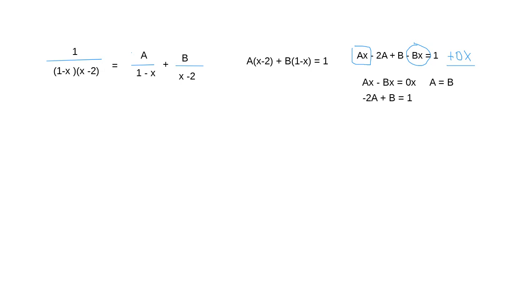If A equals B, I substitute into the second one. Again, negative 2A plus A equals 1. So that gives me A equals negative half. So A equals B equals negative half.